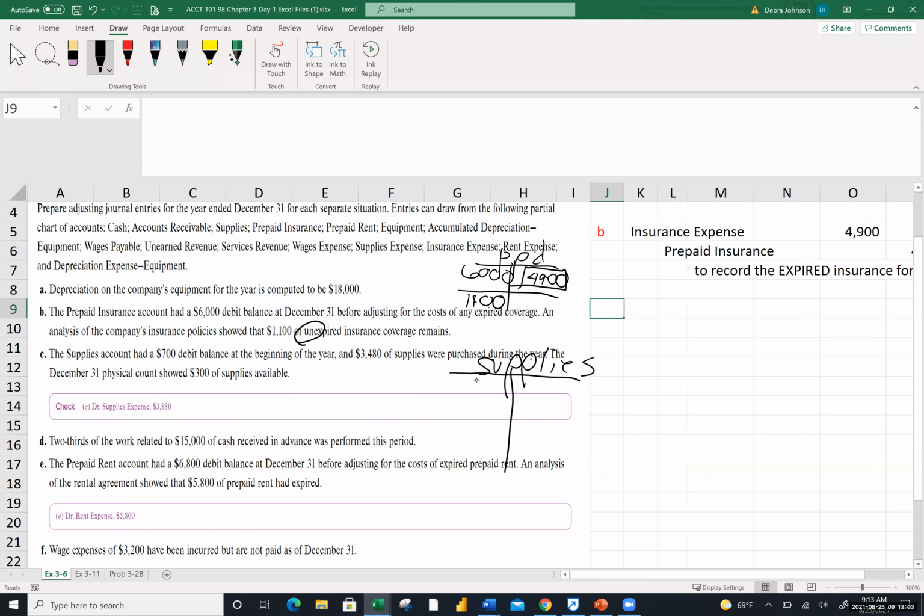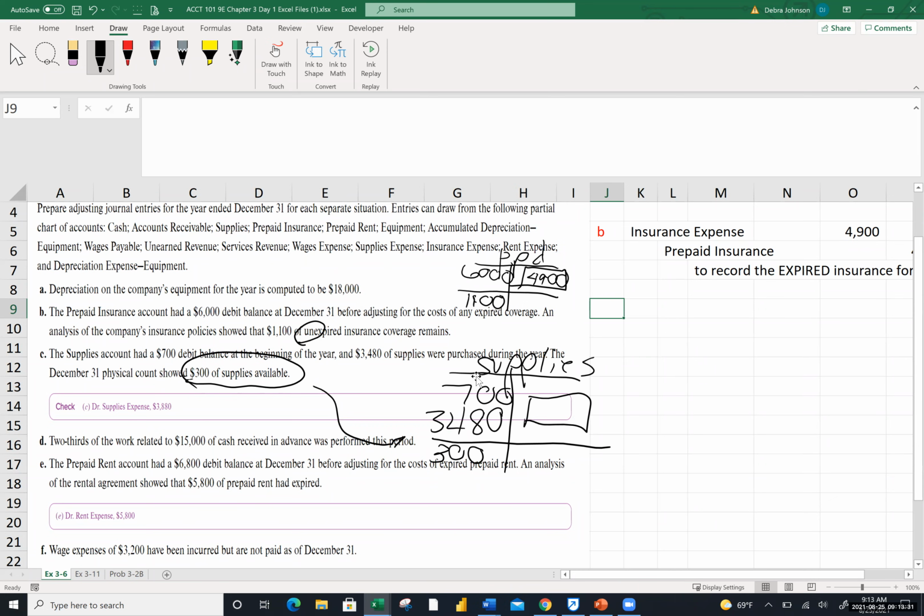It says the supplies account had a $700 debit balance at the start of the year, and $3,480 was purchased during the year. On December 31st, the physical count showed 300 of supplies available. Sometimes he'll tell you how much is used up. Other times, like today, he's going to make you figure it out.